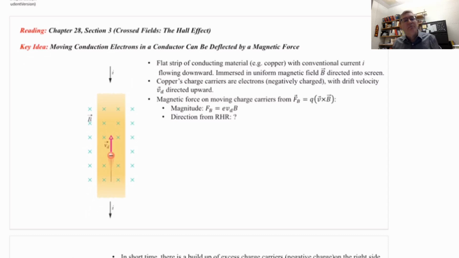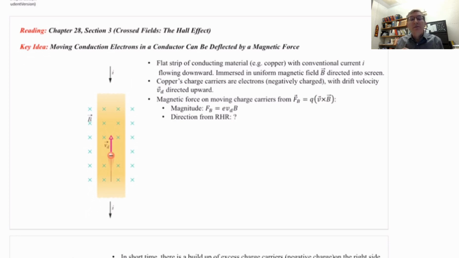This lecture, video lecture 28.2, is going to be focused on one topic, one specific application of the physics of a moving charged particle in a magnetic field combined with a charged particle in an electric field.